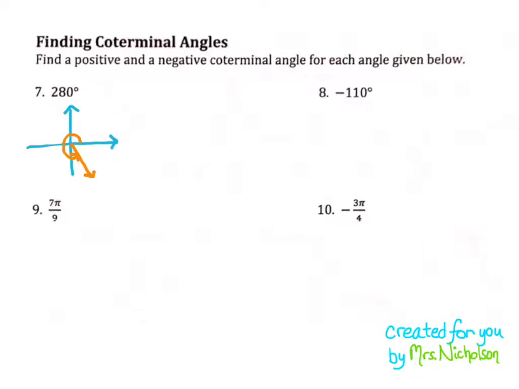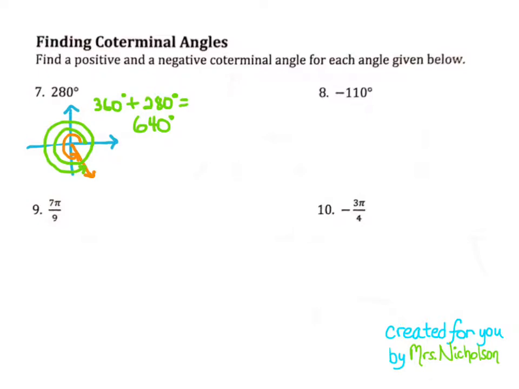And so one way that I can do that is by starting at the x-axis and going all the way around and then terminating at that side. And so that angle that I drew in green would be 360 degrees plus 280 degrees, and that's equal to 640 degrees. So that's a positive coterminal angle.